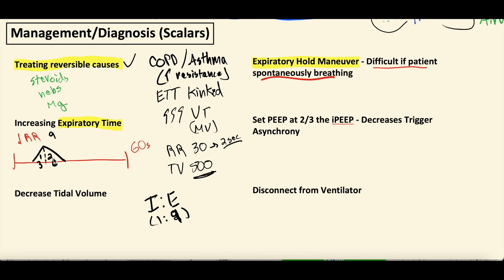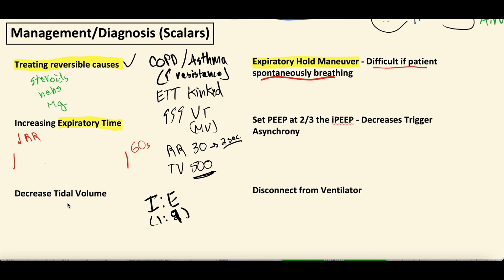That means in this example, instead of 3 seconds, they get 1 second to inspire, and I guess my math is still not quite on, but 9 seconds to expire. So you can decrease the inspiratory time and essentially prolong their I to E ratio, aka give them more time to expire with each breath.